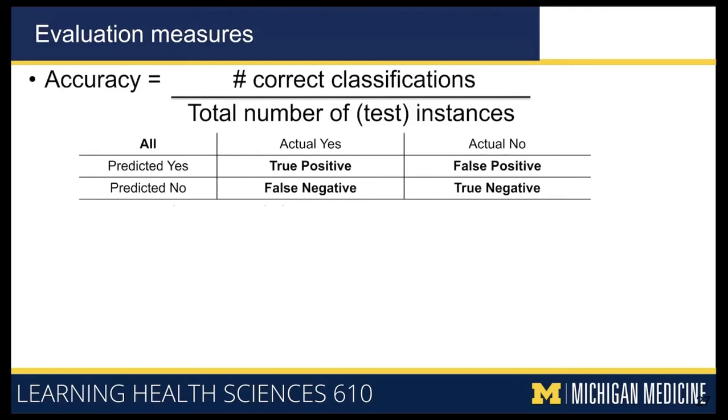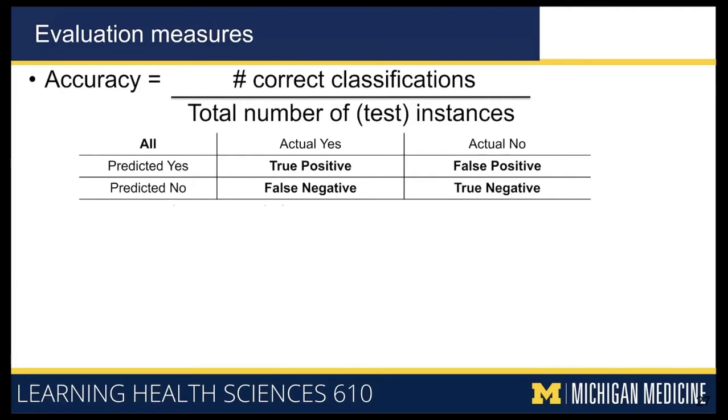If you have two possible labels, so it's a binary classification task, you will have 4 cells: true positive, false positive, false negative, and true negative. The true positive is the number of instances that were actually yes and you predicted them as yes.